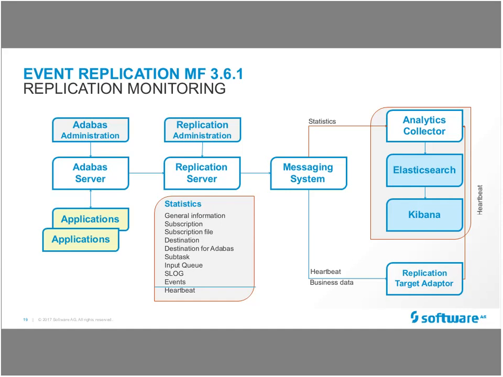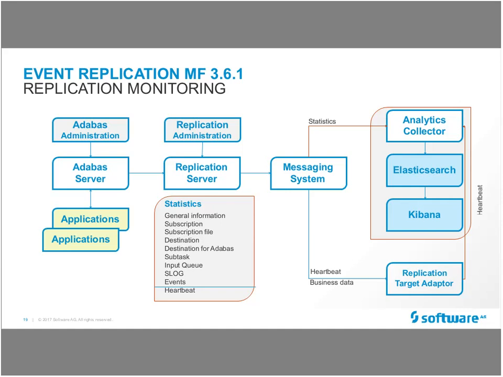This is the collector which is responsible for processing statistical data. Well, most of the statistical data. The other part you see at the bottom, there we have business data, as you know it, going to the replication target adapter. But as I already said, when we send data from the database replication server to the target adapter, we collect information.